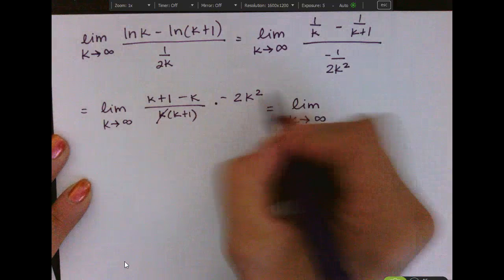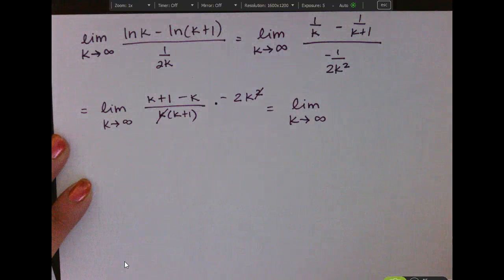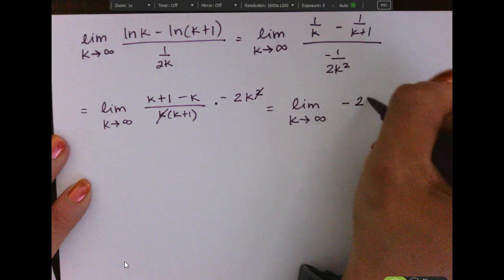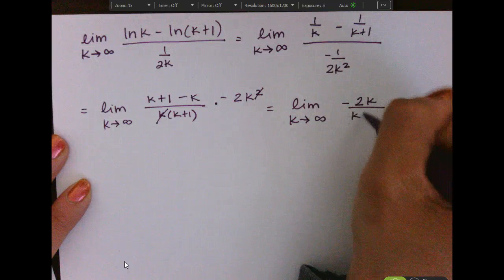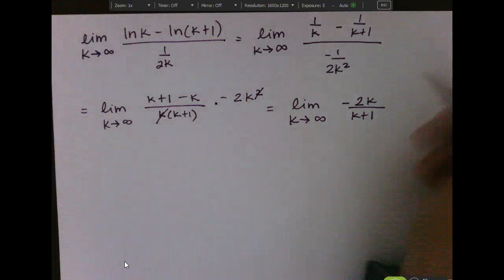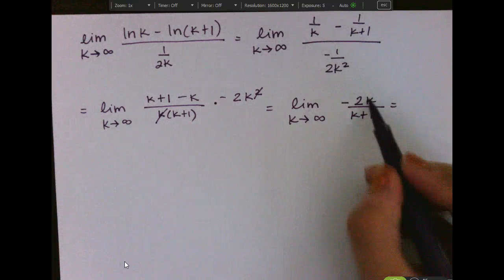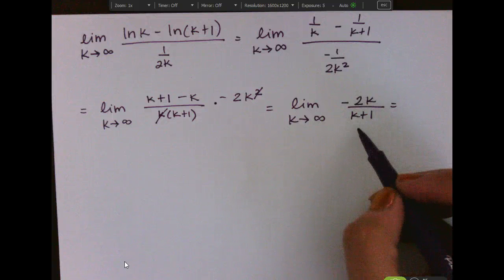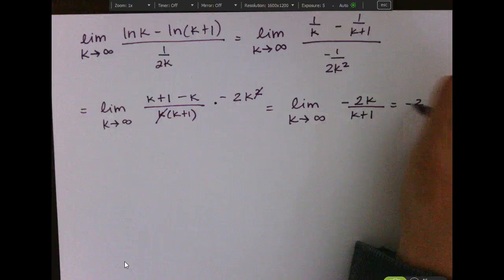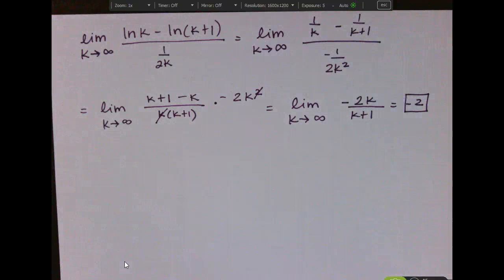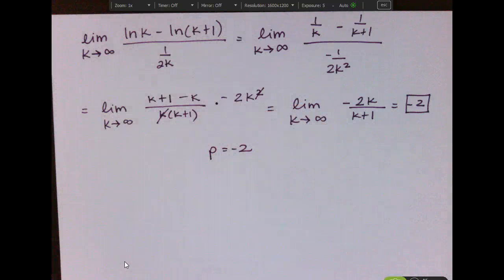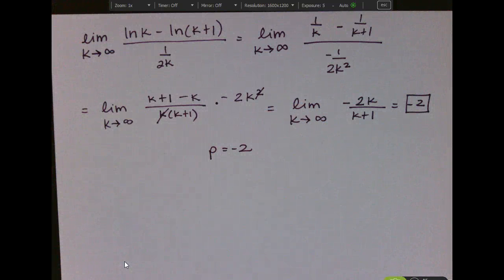And then also this k is going to cancel with one of those k's. So in my numerator, I'm left with negative 2k, and in my denominator, I'm left with k plus 1. Now we can actually evaluate the limit, which is, again, in L'Hopital form, infinity over infinity. So taking the derivative of the top and the derivative of the bottom gives me a limit of negative 2. So the question is, p equaling negative 2.